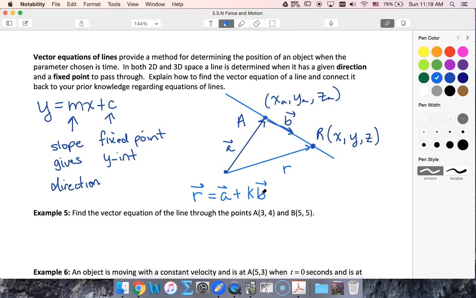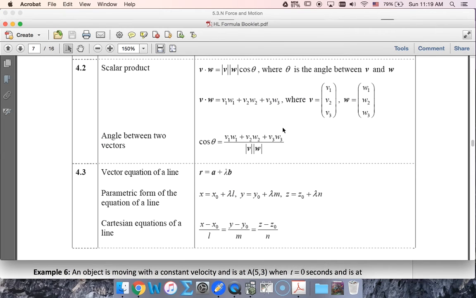So if I look in my formula booklet, the only thing that's different from this is that our formula booklet uses lambda instead of k. And remember, bold letters mean vectors. So some xyz is equal to a fixed point plus multiples of direction.